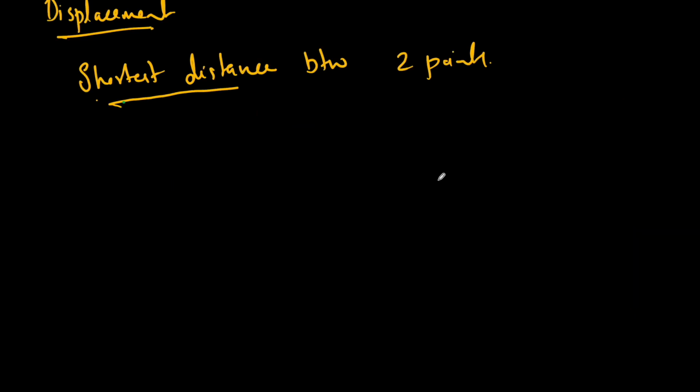If you have 2 points, there could be n number of paths connecting them, right? Of those, which will be the shortest? The one which is a straight line connecting the 2 points. So that line represents the displacement.